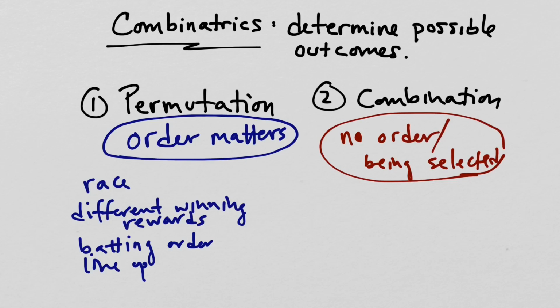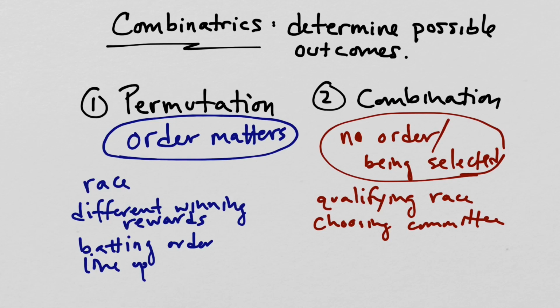So some examples of a combination. All right, I just kind of said the qualifying race, where you move on to the next round. Some other ones would be if you're just choosing a committee. So from a school standpoint, if you're choosing something like student council, as long as you make student council, you're on student council.